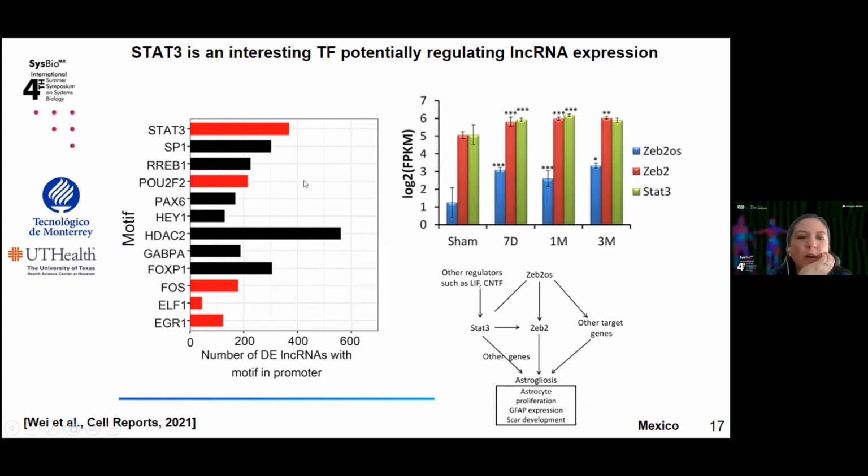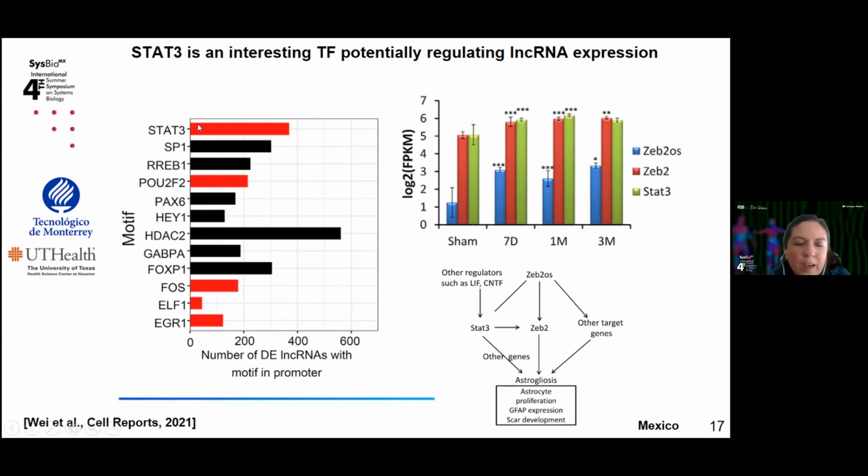So we already have these candidates, CEB2OS and CEB2, and we want to see who could be regulating CEB2OS. So what we did was perform motif analysis in the promoter regions of all the lncRNAs that were differentially expressed.